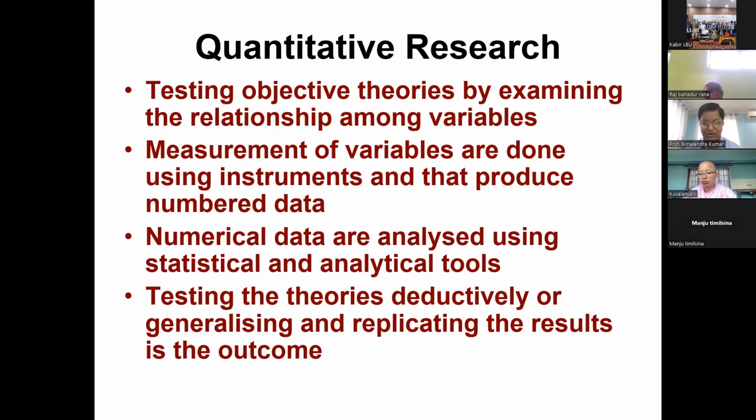Numerical data are also analyzed using statistical and analytical tools. In statistics or mathematics, there are some measurements or parameters through which the things are analyzed. So this comes under quantitative research.